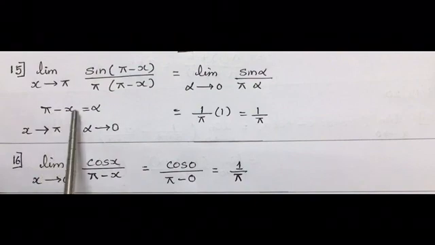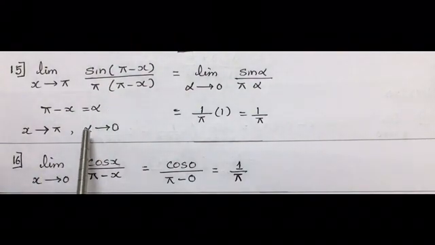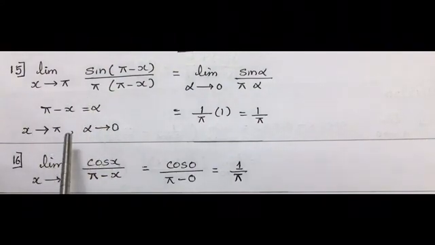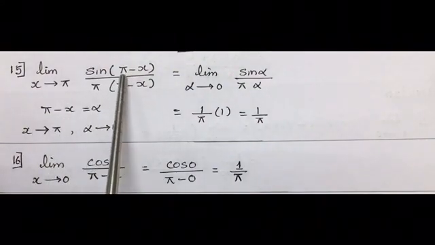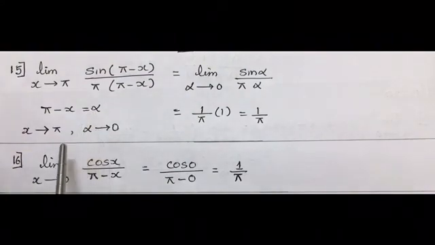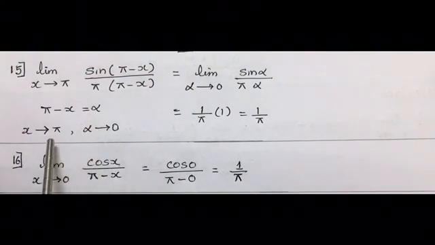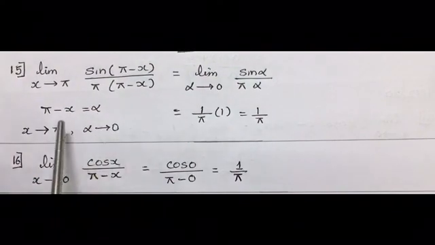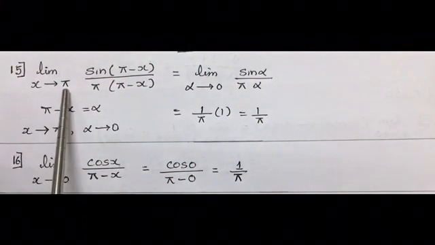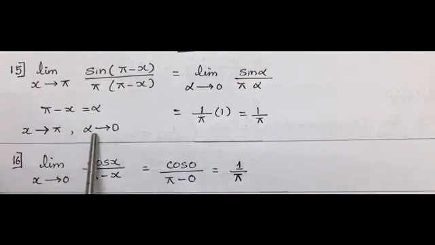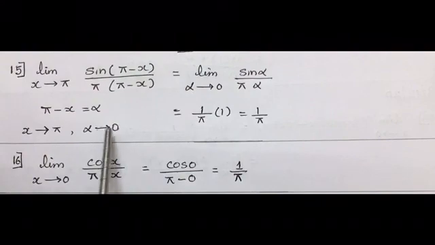then we assume pi minus x is equal to alpha. That is the assumption method we use here. Here as it is pi minus x, so we will take pi minus x is equal to alpha. Now if x is converted in terms of alpha, the limit also we need to change, and the limit will also be converted in terms of alpha.